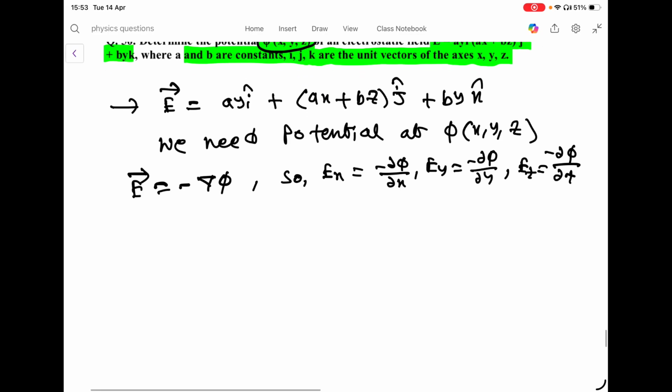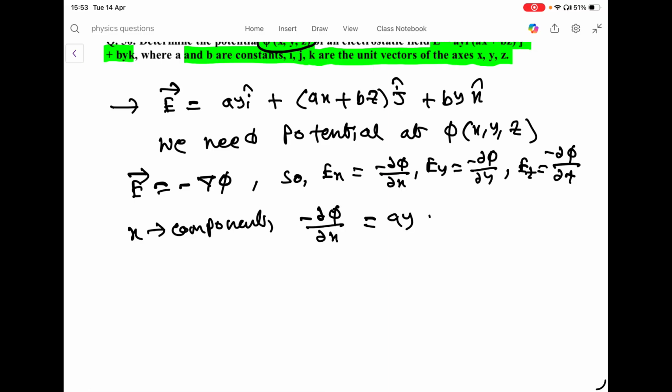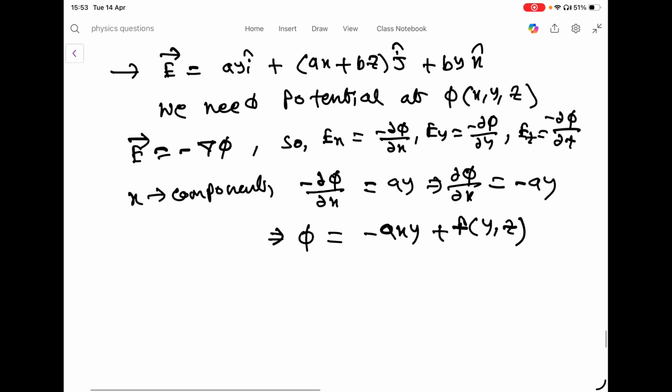So for the x component, minus del phi by del x will become ay, and after integrating this, you will get phi equal to minus axy plus f of y comma z.